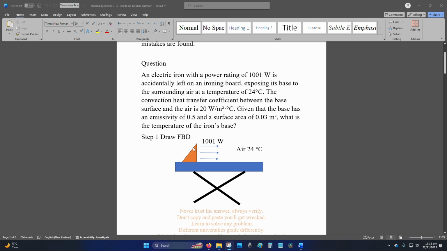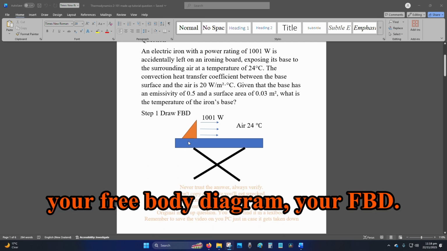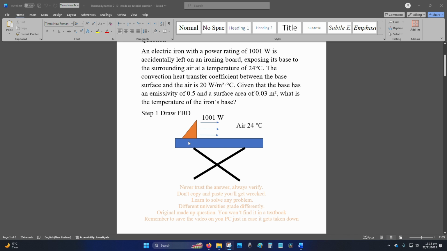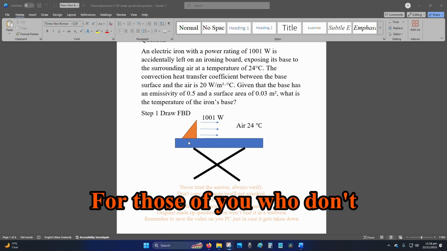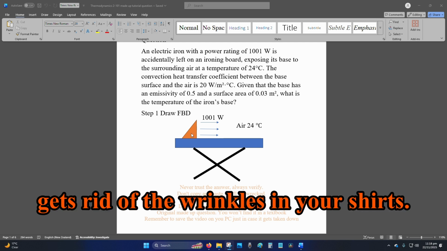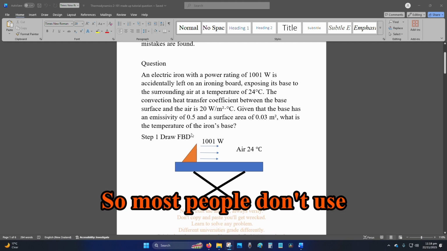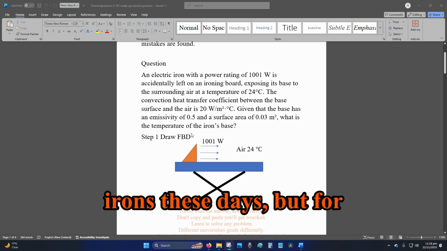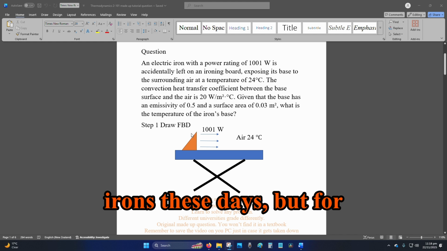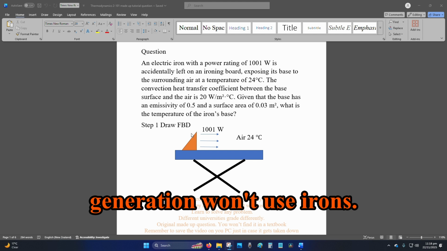So we've got the iron. Step 1, draw your free body diagram, your FBD. This will help you visualize the problem. For those of you who don't know what an iron does, it gets rid of the wrinkles in your shirts. Most people don't use irons these days, and the newer generation won't use irons.